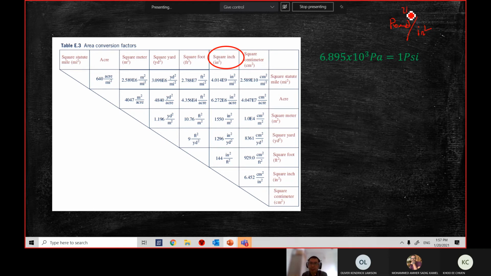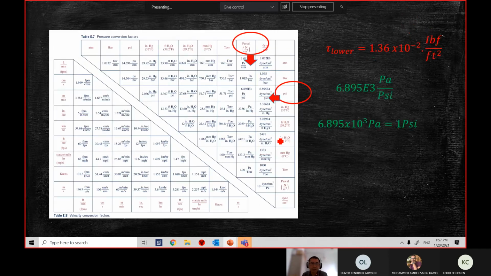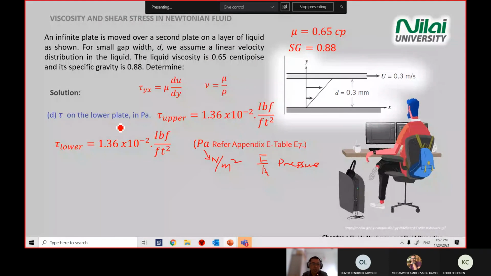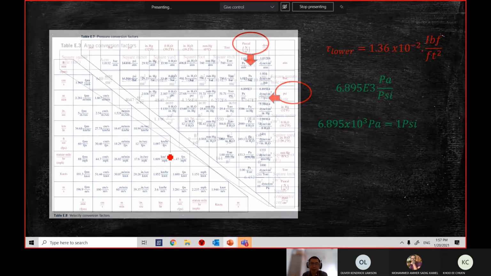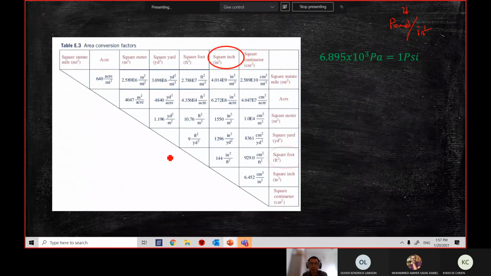Pound is lb. So you look at the diagram here, we need to convert inch into feet. Why do we look at inch and feet? Because the question gives us a dimension of feet square here. So that's why we need to eliminate all the related dimensions.